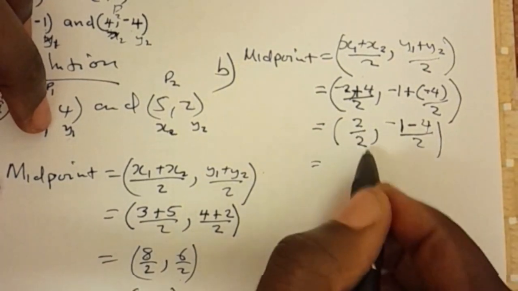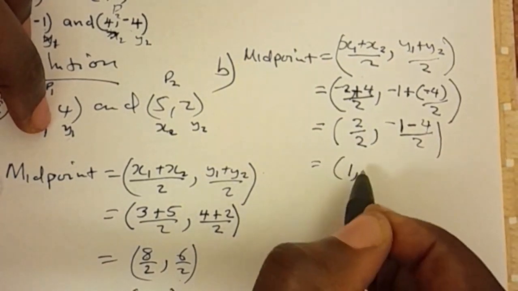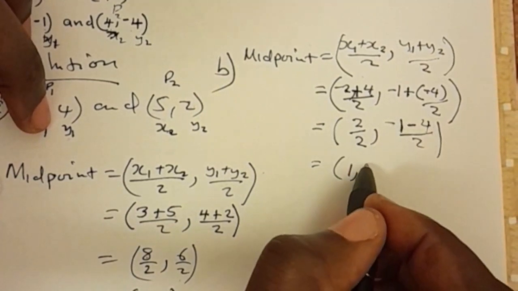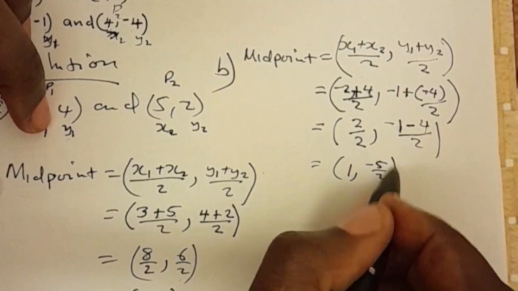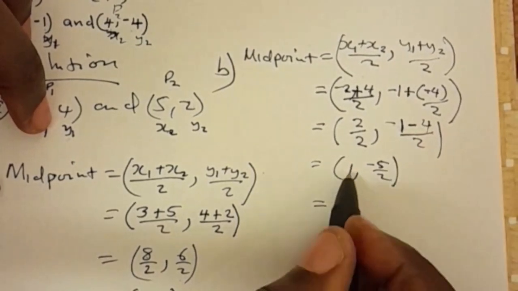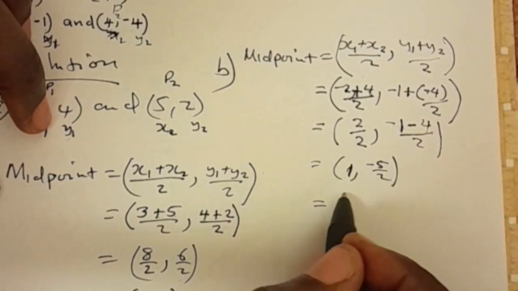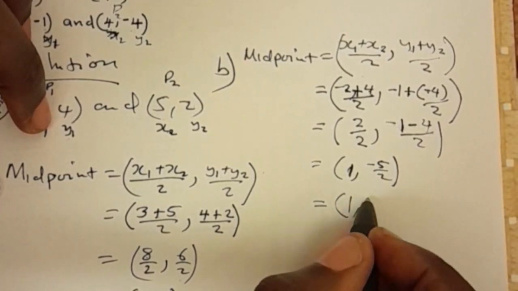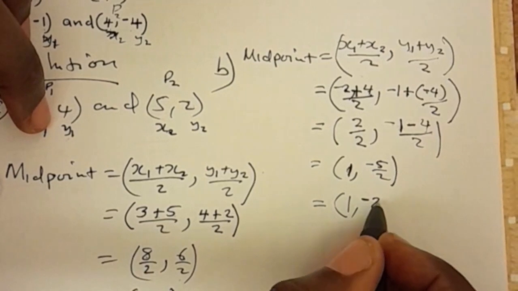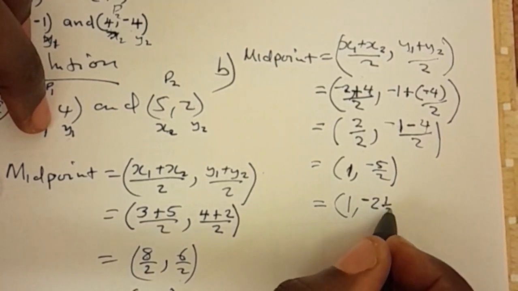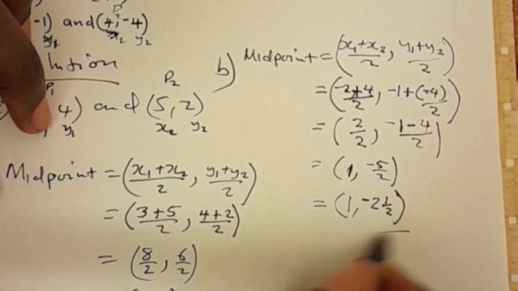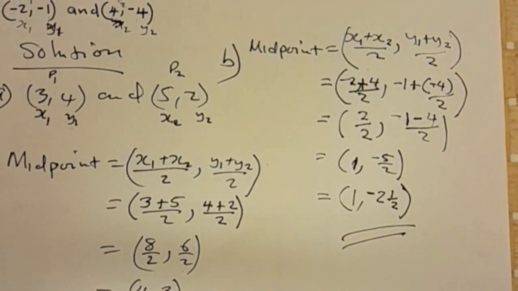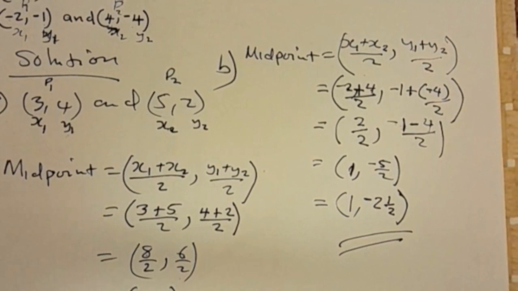So 2 divided by 2 is 1, comma, this will be negative 1 minus 4 is negative 5 over 2. Then here we're going to have 1, comma, how many 2's are in negative 5 is negative 2, remainder 1 over 2. So this is the midpoint, the second midpoint, the midpoint of these lines.